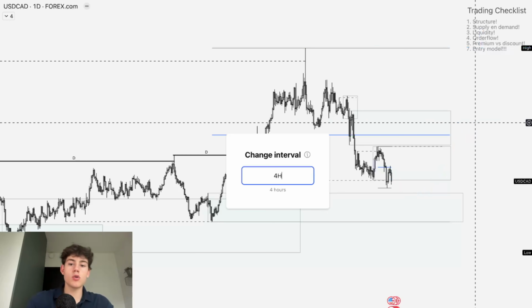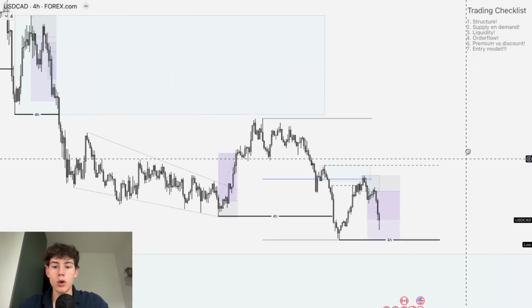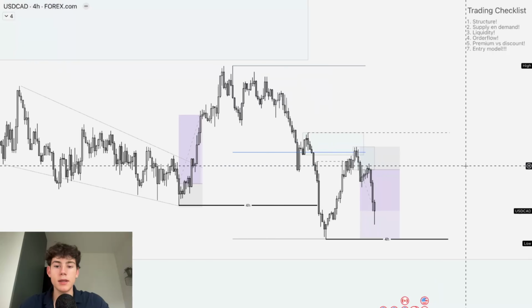Okay, so going over to the 4-hour over here, what is a PVD? Like I said, from the swing high in towards the swing low, because we are bearish, you can see we have premium prices, and this is going to push price down lower, and that's what we want to see. So we tapped premium prices, and this is where my alert was. I put my alert on that PVD, those premium prices.